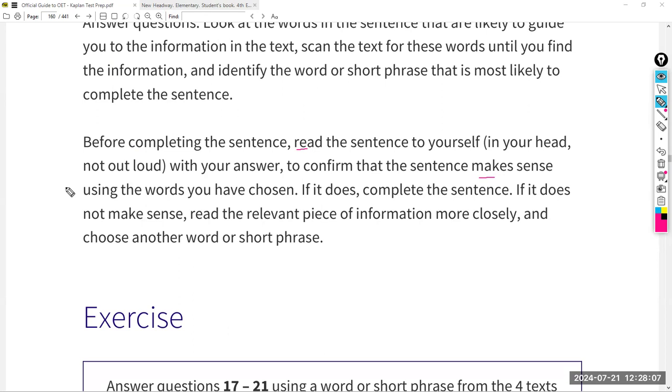But if you feel that there is something wrong, something ambiguous, or something missing, you have to check yourself again to write the correct words, because as I told you, all the sentences have complete meanings. If it doesn't make sense, you have to read the relevant piece of information more closely, and choose another word, because you were not correct in choosing the correct word or phrase to complete the sentence.